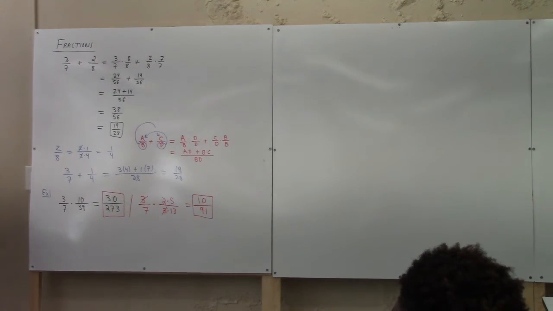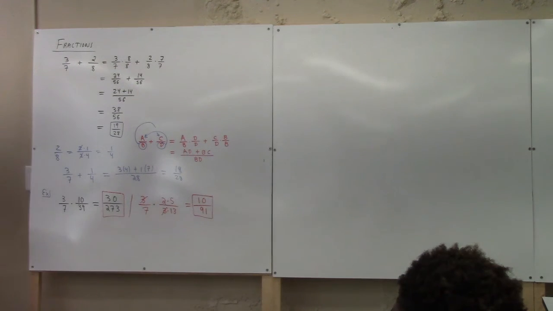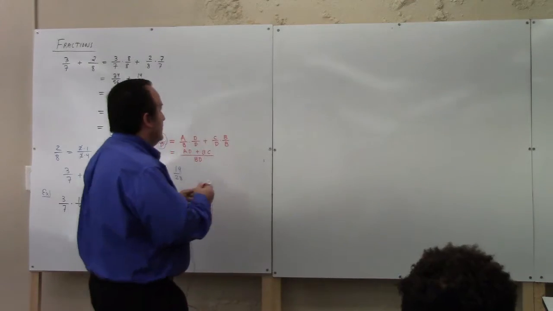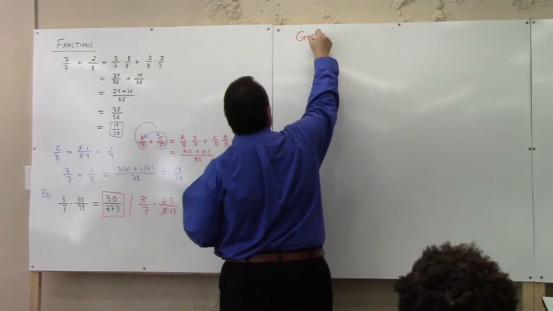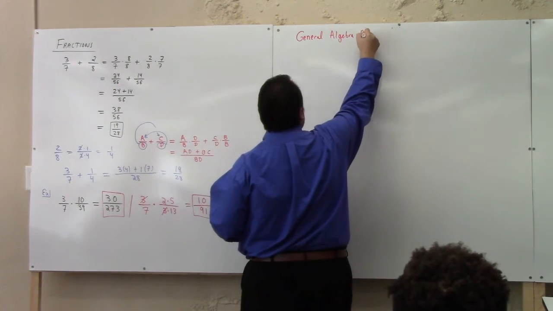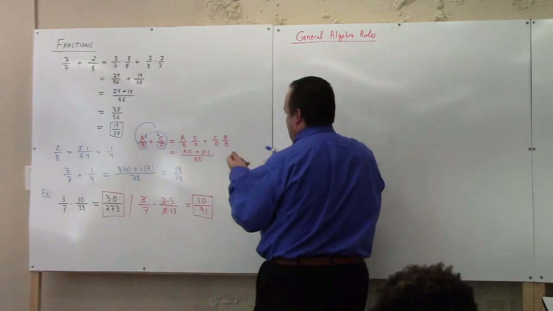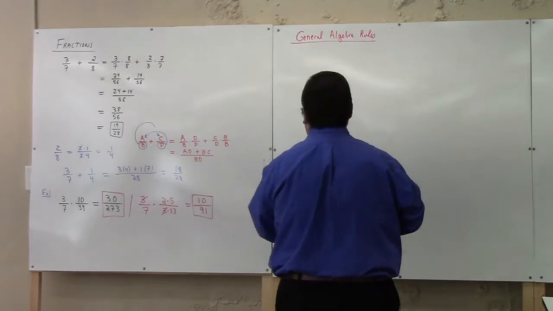Multiplying fractions, we multiply the top times the top and the bottom times the bottom like that, right? So let me just write, so this is just some general algebra rules, if you will. I'm going to rewrite what I wrote here a second ago. Just keep it in mind.